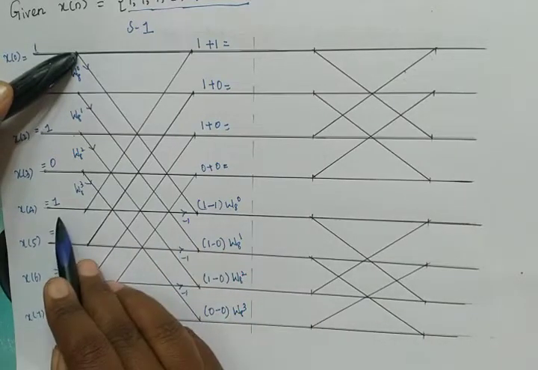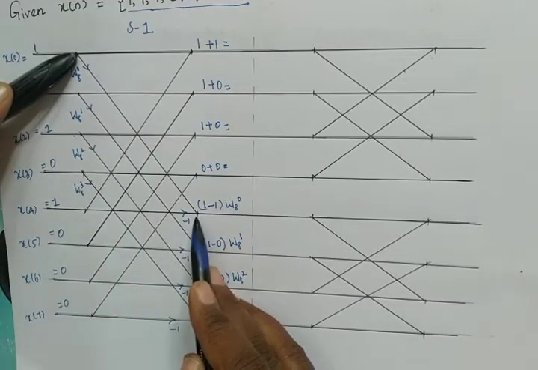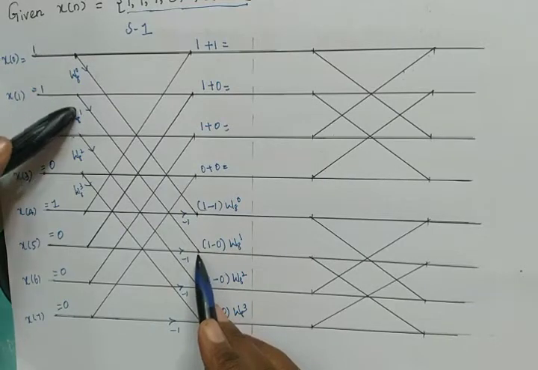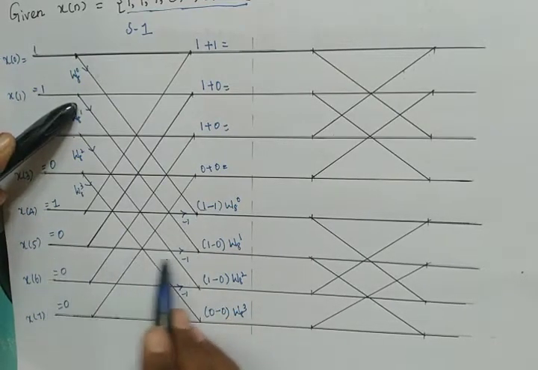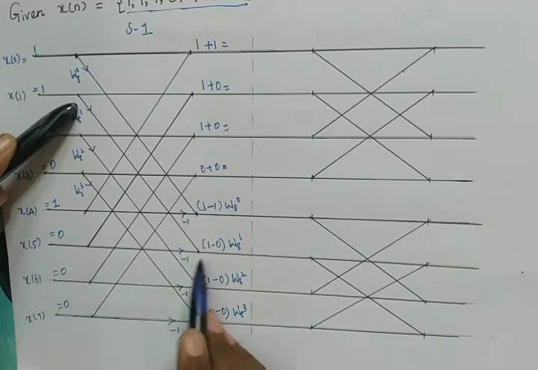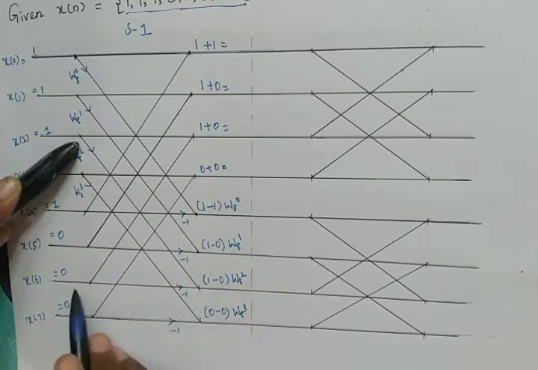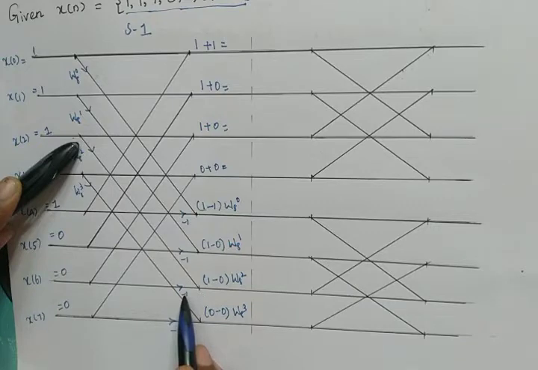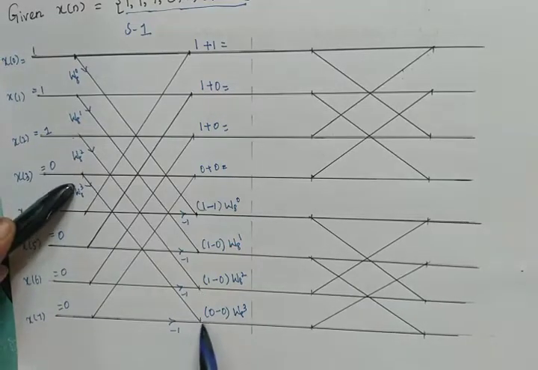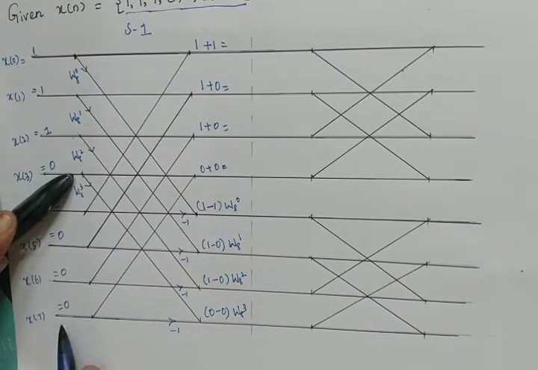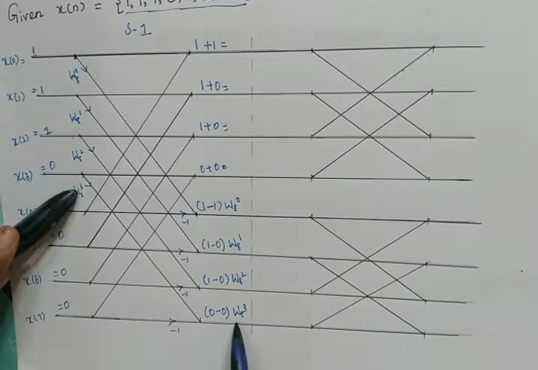Then here we have 1. So 1 minus 1, because it is multiplied by 1. Then here we have 1. So 1 into 1 minus 1 into 0 into minus 1. So we have minus 0. And here it is 1 minus 0, because this will be multiplied by minus 1. And here it is 0. Here it is 0 minus 0 into twiddle factor W8 power 3.